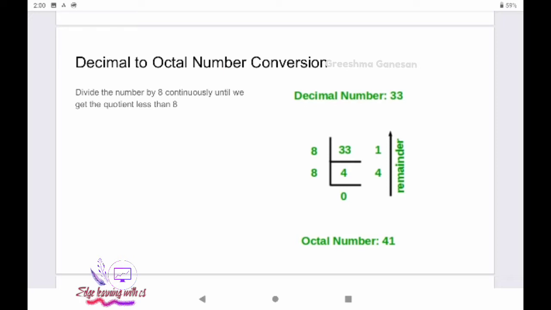That I have to write next to the 33, on the right side. Then I am getting 4 there. 4 is a value which I cannot divide by 8. So you can simply write the answer as 4 1.